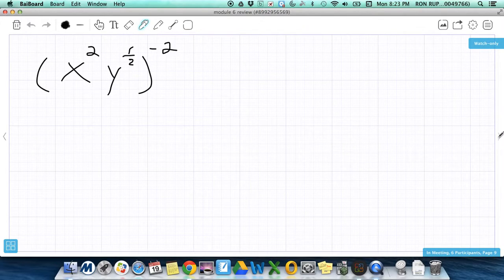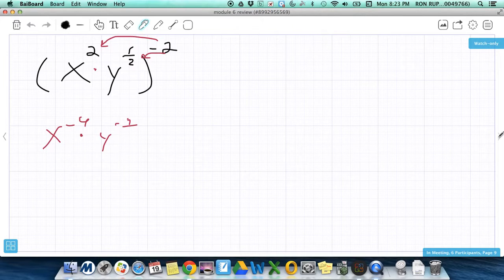All right, without a calculator, because this is multiplication, I would expect you to multiply these exponents to get x to the -4 times y to the -1. And then I would expect you to see that because they're both negative, you would put them on the bottom of a fraction, x to the 4th, y to the 1st.